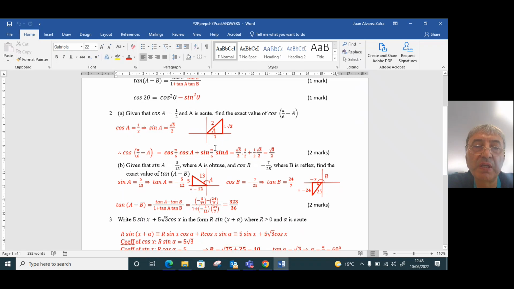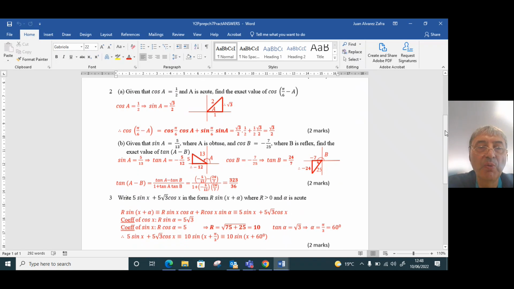Creating a triangle in quadrant 1 with cosine being a half can be done by making the x-coordinate 1 and the radius 2, and then by Pythagoras working out the y-coordinate is root 3, and then sine, being the y-coordinate divided by the radius, is root 3 over 2. Substituting those values in, we get that cos(π/6 - A) is this expression here, which simplifies to root 3 over 2.